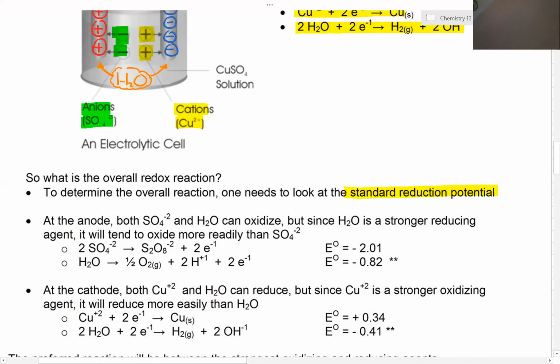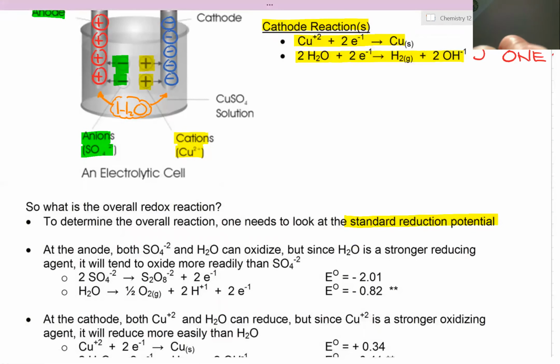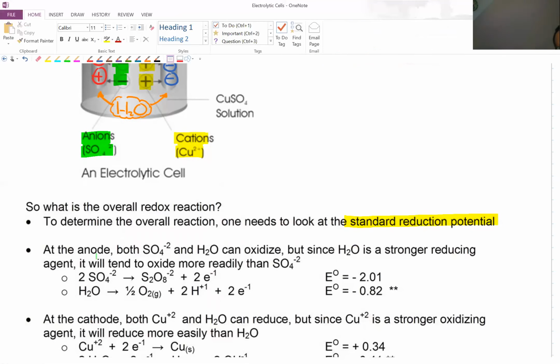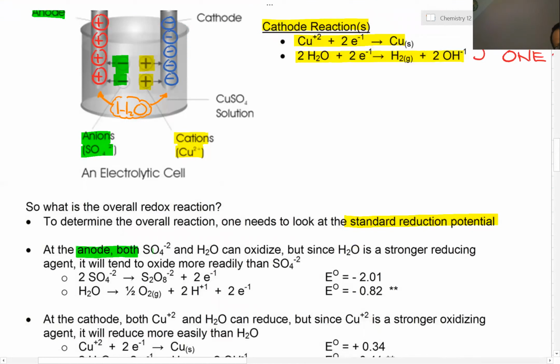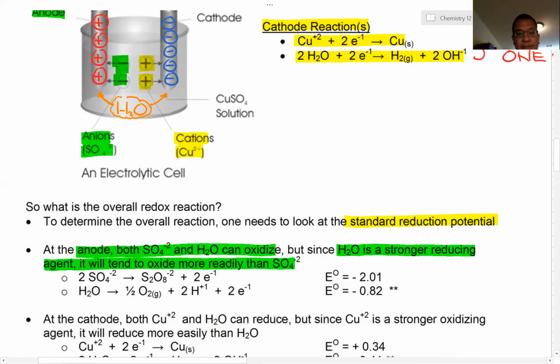Now, at the anode, notice both the SO4 and H2O can oxidize. But since H2O is a stronger reducing agent, it will tend to oxidize more readily than SO4. Now, what do I mean by this?